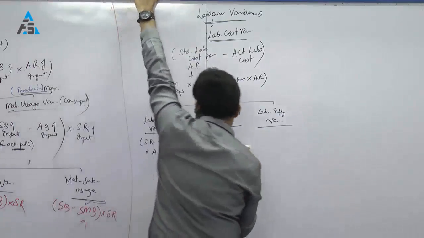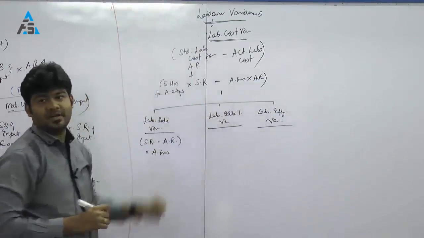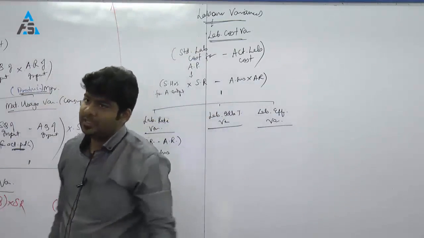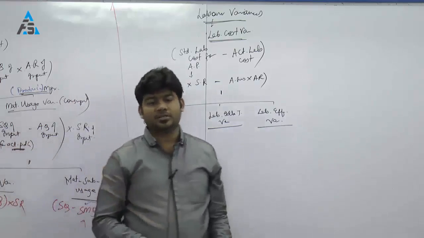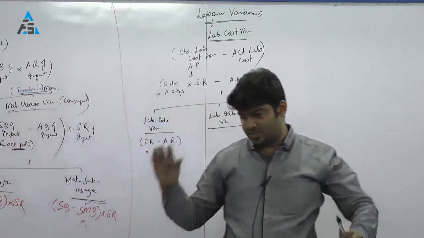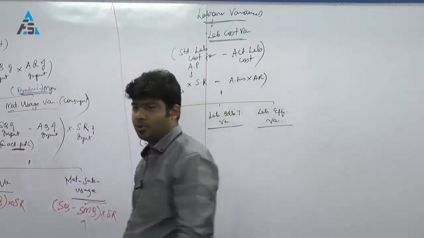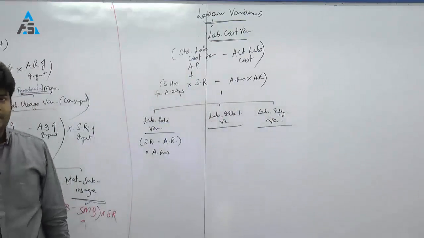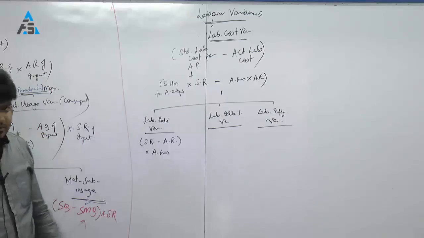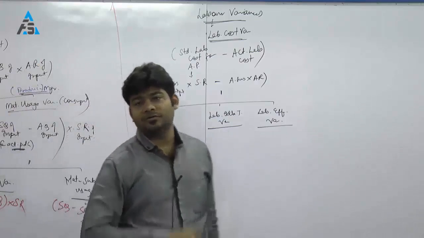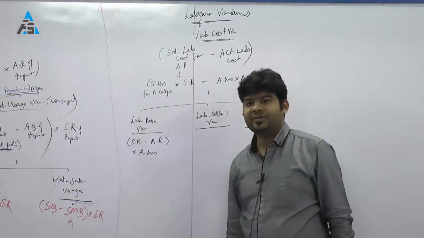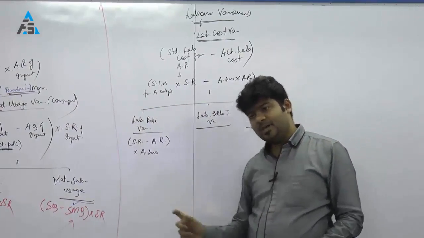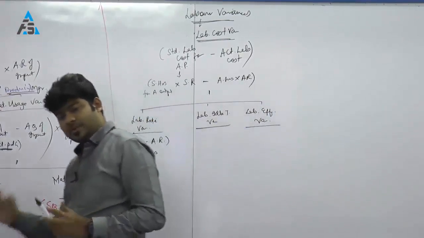Labor idle time variance. So what is the idle time variance? See, everybody goes to an office. Total my office timing is 9 to 6. Does that mean that I work exactly from 9 a.m. to 6 p.m.? No. There are in-between breaks and everything, correct? But I get paid for the full 9 hours, so I am being paid on a totality basis from 9 to 6.